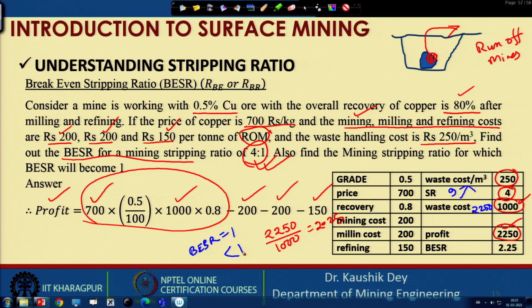So, the mining will no more be profitable in that case. So, above a mining stripping ratio of 9, the mining will not become profitable. So, mining cannot be carried out in that case.